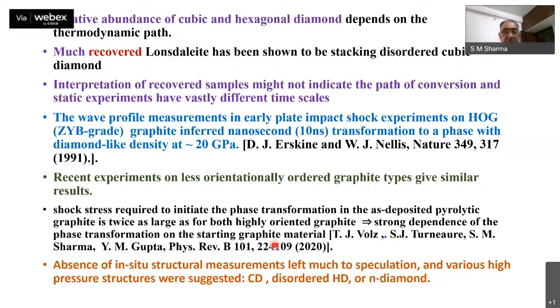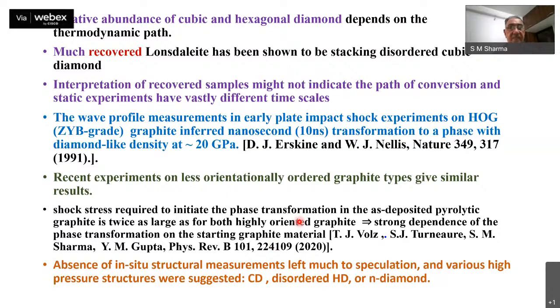The interpretation of the recovered samples, therefore, does not necessarily indicate the path of conversion is the same between static and dynamic pressure, because the path is very, very different.